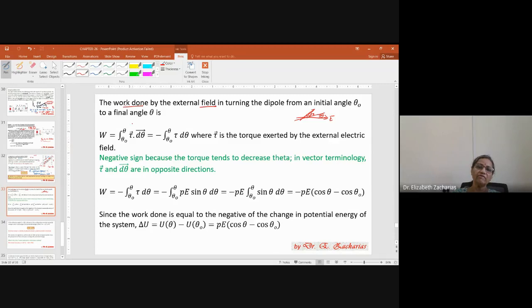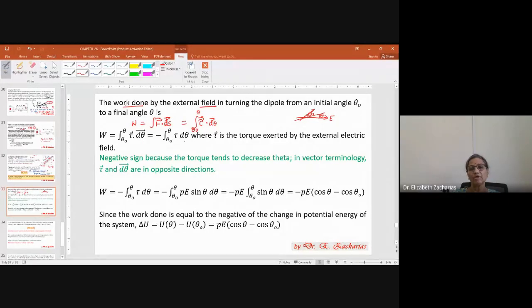In case you're wondering where this comes from, W is equal to the integral of F dot ds for linear motion. In the rotational case that becomes tau dot d theta, from the initial angle to the final angle. There is a minus coming here the minute you remove the vector symbol.